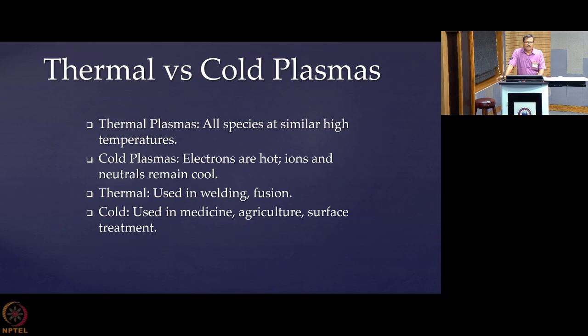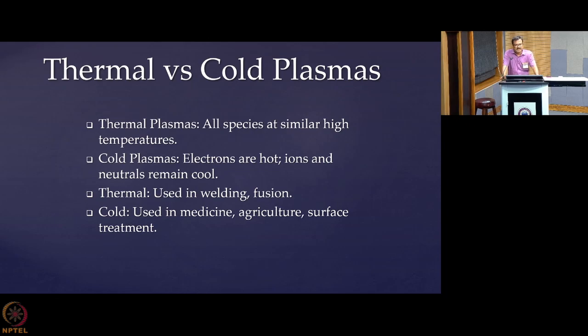So again you would like to know what is thermal or cold plasma. In thermal plasmas, all species are at similar temperatures, and when I say high, of course this is not millions of degree Kelvin, it may be say 10,000, 20,000, 30,000 degree Kelvin.